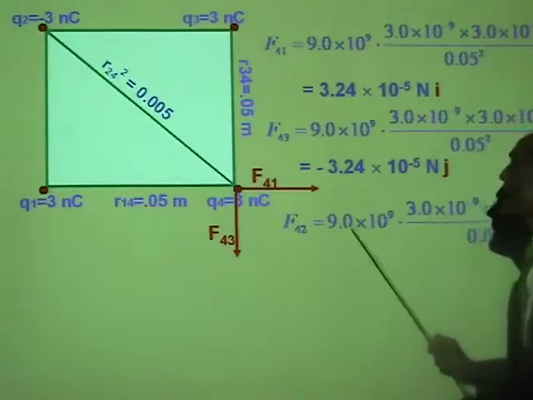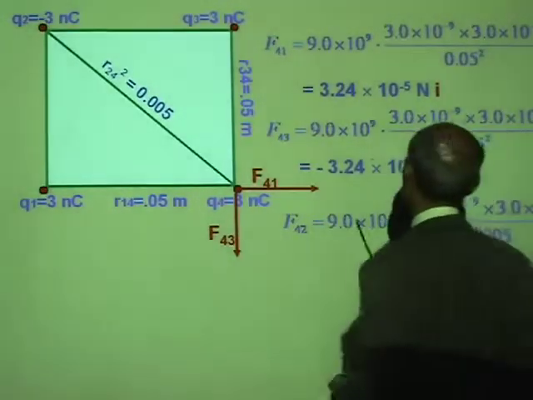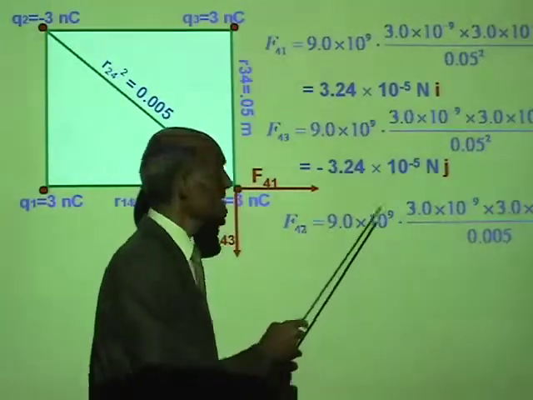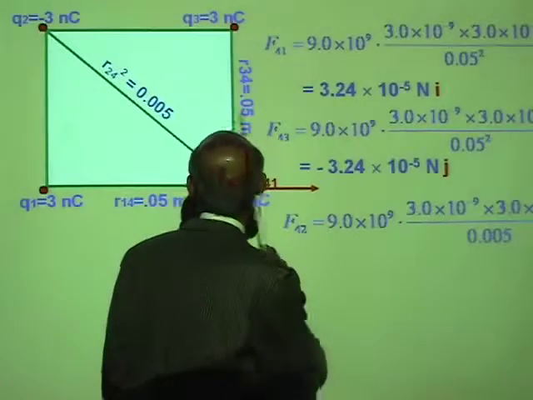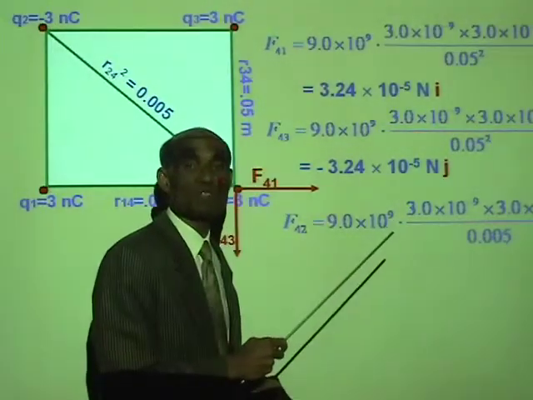F42 is K Q2 Q4 over R24 squared. Is that right? And now, K is 9 times 10 to the 9. Q2 is negative, but we will only use the positive value for the calculation.